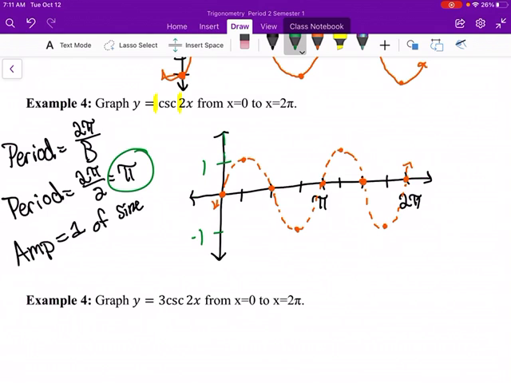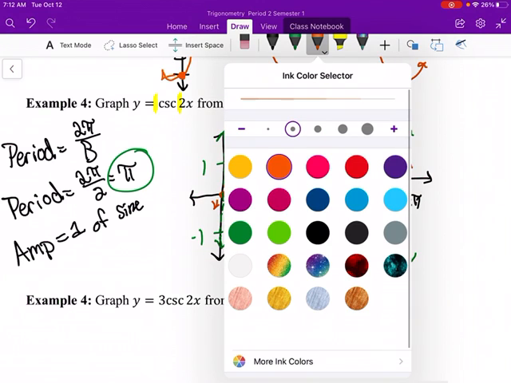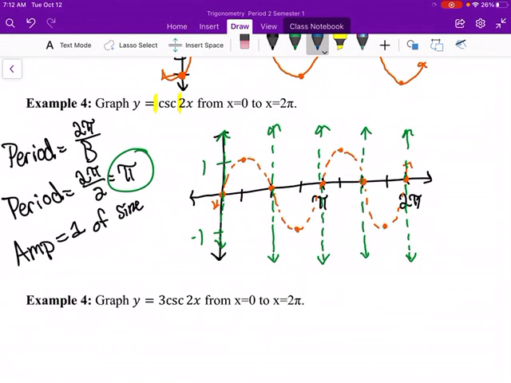Our asymptotes are wherever the sine function equaled 0 because that is where cosecant would be undefined. So at all of these points where sine equaled 0, we are going to put our asymptotes. Remember, when we draw our cosecant function, we don't want it to cross these lines because that is the purpose of the asymptotes.